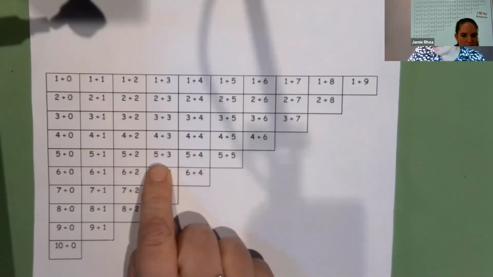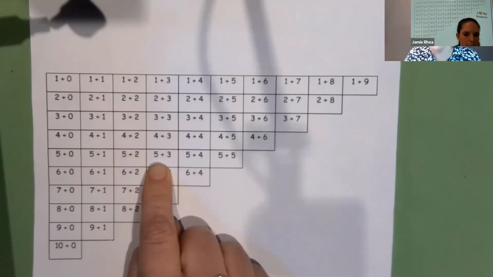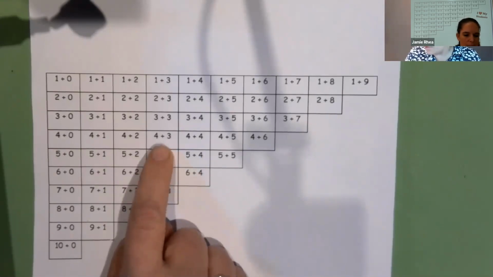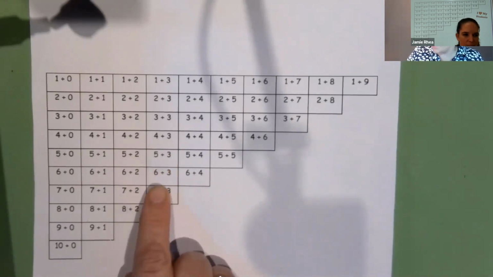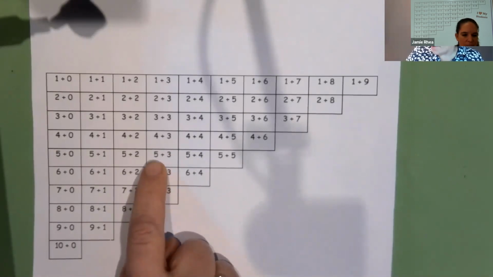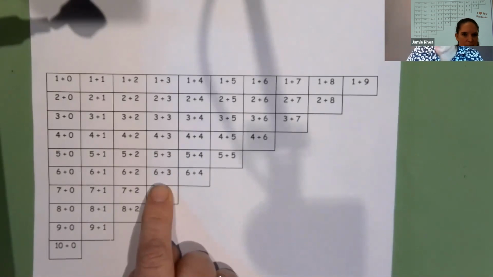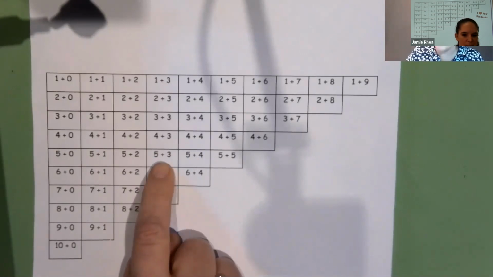And right below it, 5 + 3 = 8, which is 1 more. And notice the only difference between these problems is that 5 is 1 more than 4. Look, we can continue. 6 + 3, 6 is 1 more than 5. And the total 9 is 1 more than this total, which is 8.